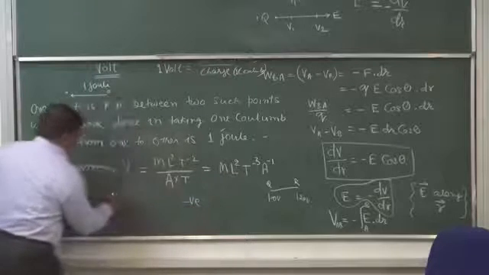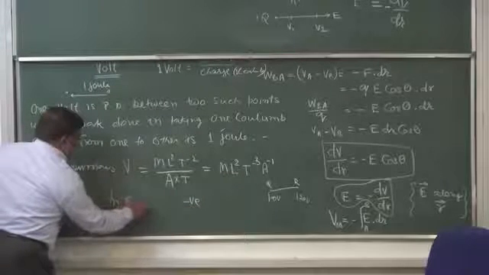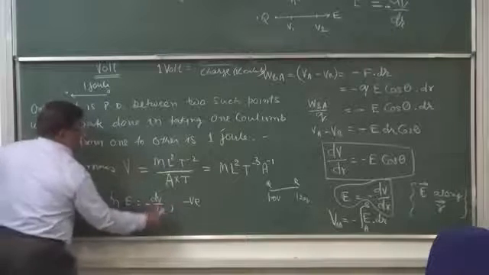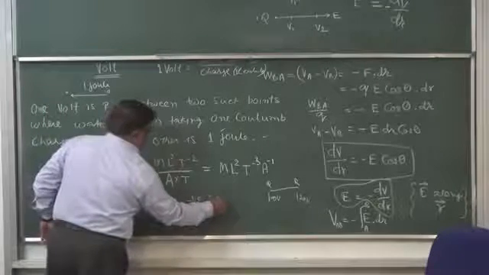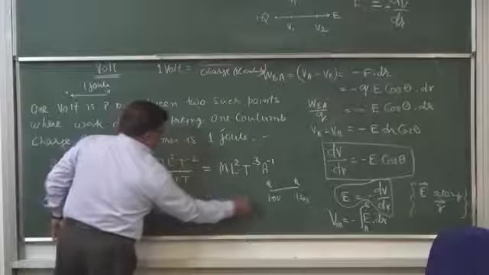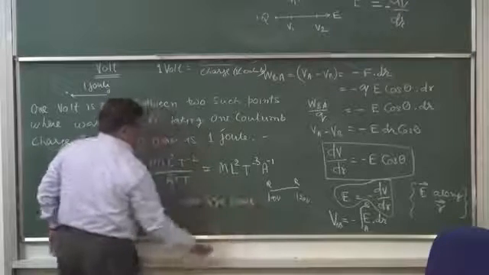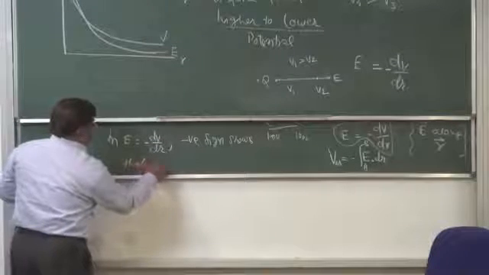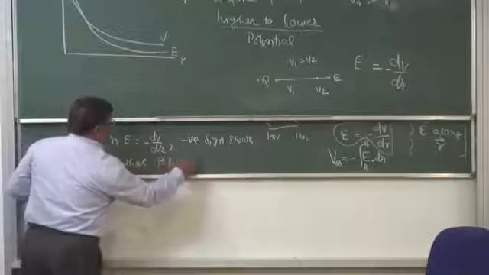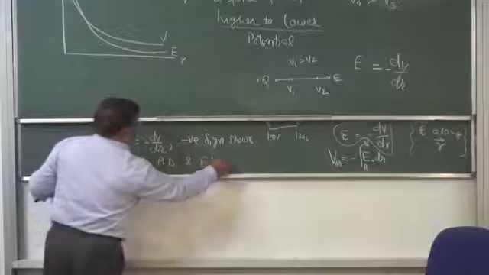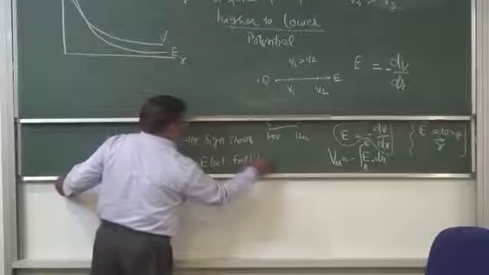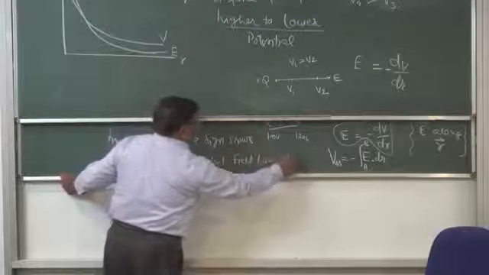E is equal to minus dV by dr. The negative sign shows that potential difference and electric field have opposite directions.